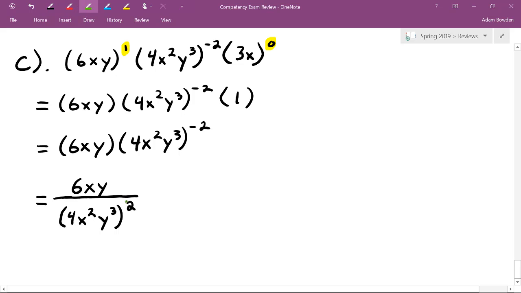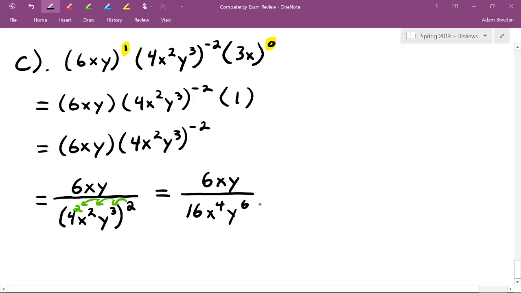Now we take care of the fact that this 2 is above all the other stuff on the inside of the parentheses. Thinking back to what we did a second ago, the 2 is going to multiply the powers and raise the coefficient up to the second power. So this is going to change into 6xy all over 4 squared, 16, and then 2 times 2, x to the 4th, 3 times 2, y to the 6th.